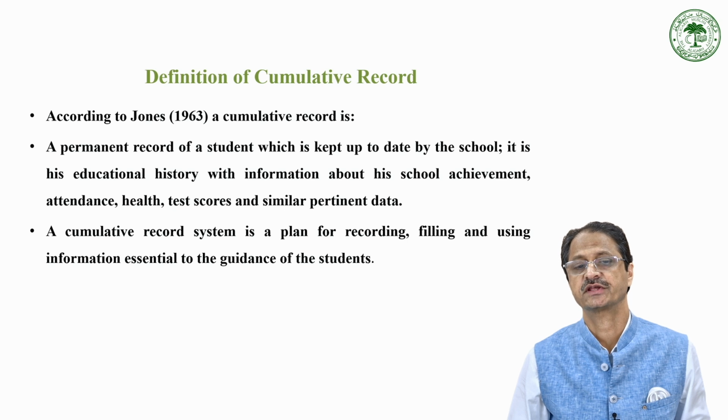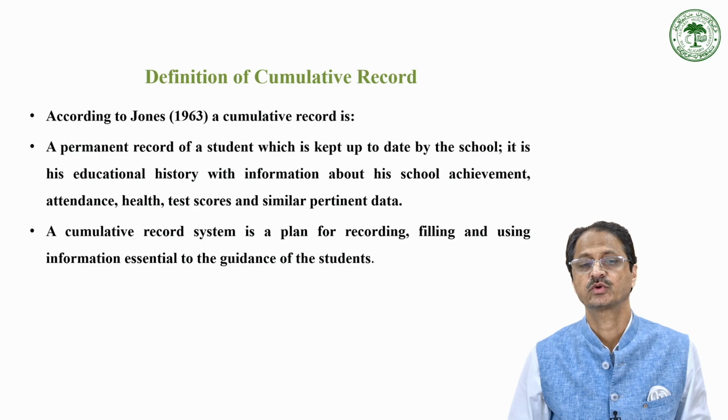It is his educational history with information about his school achievement, attendance, health, test scores, and similar pertinent data which are useful for academic purposes, for providing personal guidance, and for giving any assistance to the individual in school conditions.